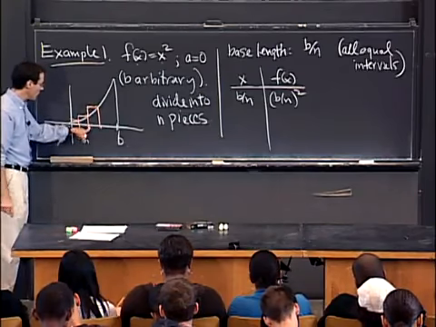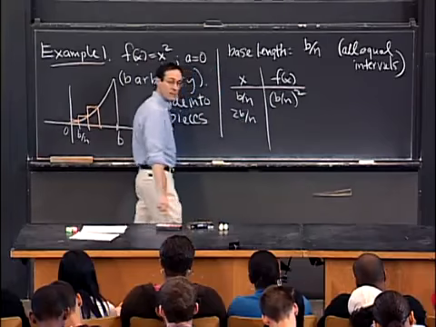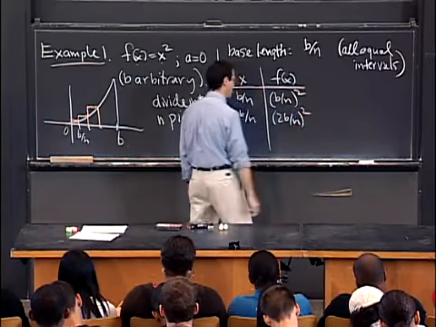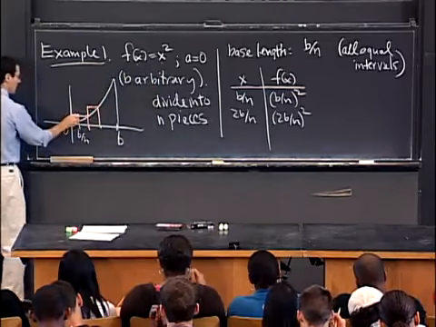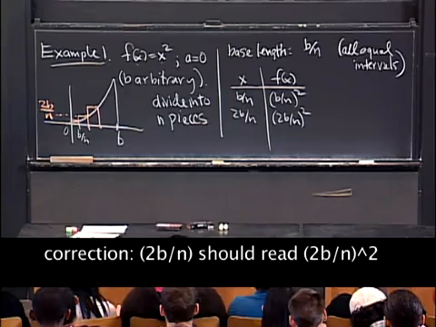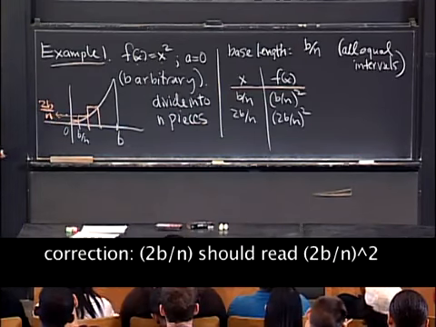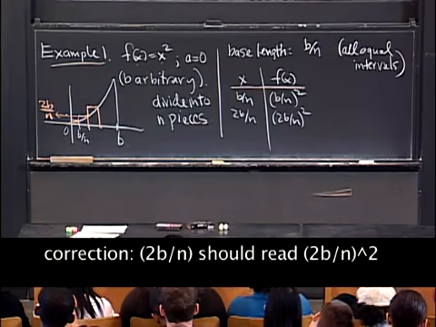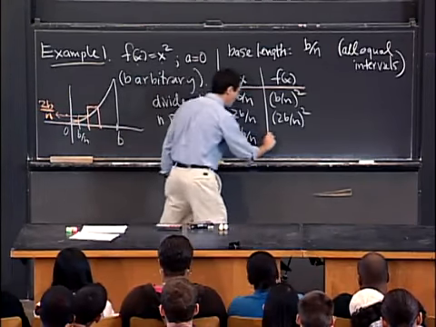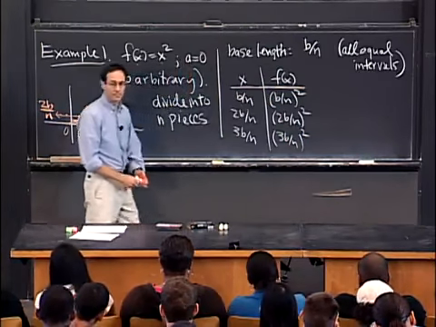And similarly, the next one is 2b over n. And the value here is 2b over n, the quantity squared. That's the second rectangle. And I'll write down one more, 3b over n. That's the third one, and the height is 3b over n, the quantity squared. And so forth.